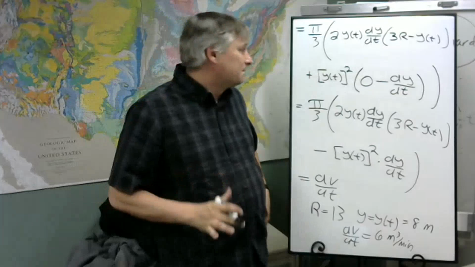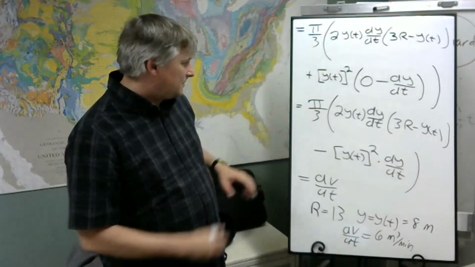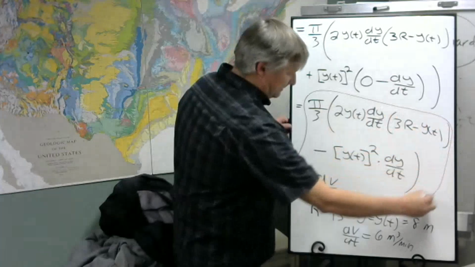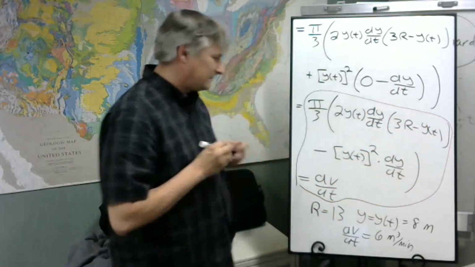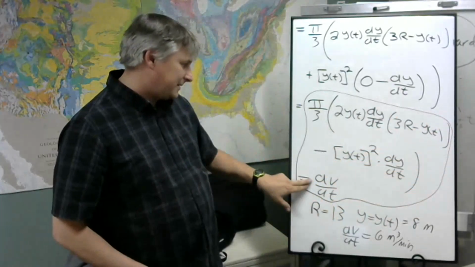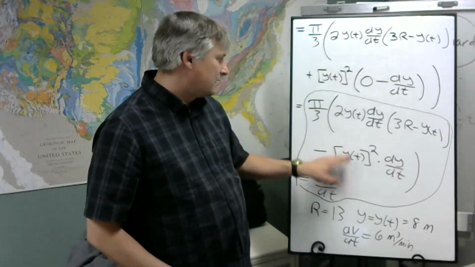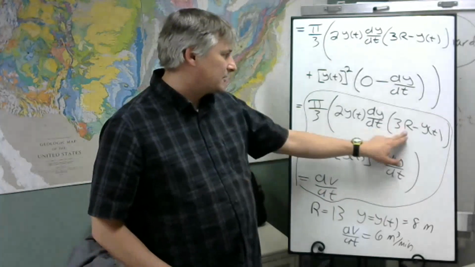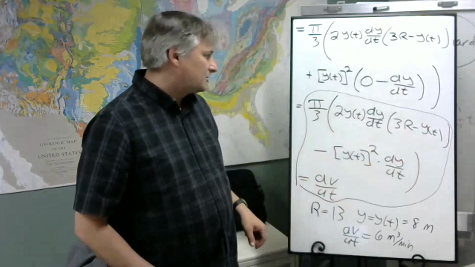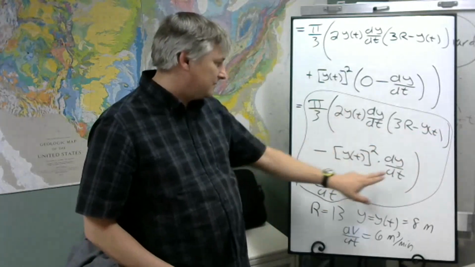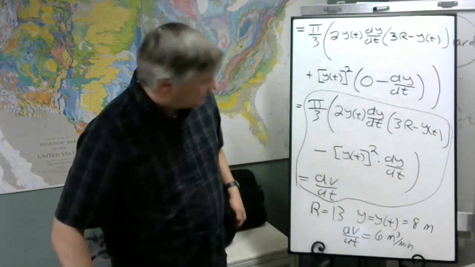So let's take a look at this. Here's our equation. Well, I have a lot to work with. This is 6. That's going to be 8. That's 8. 13, 8. The only thing we don't have a number for is dy/dt here and there.